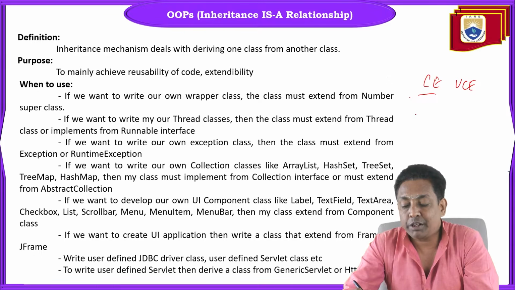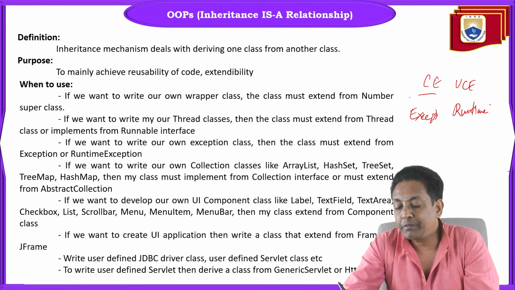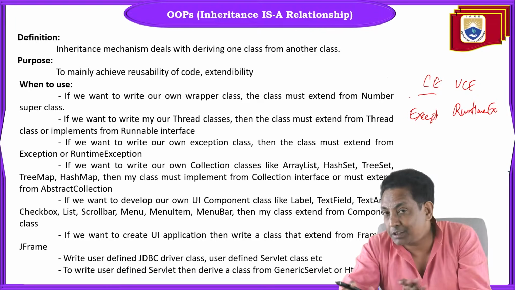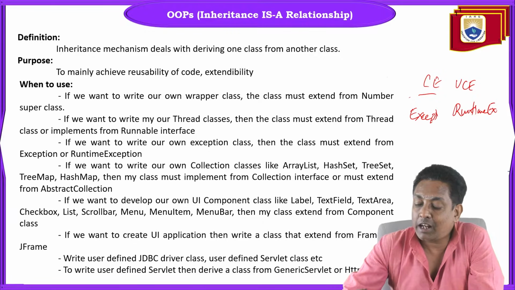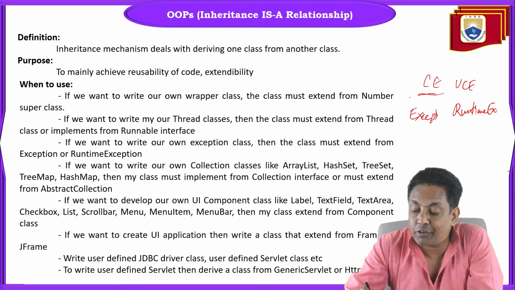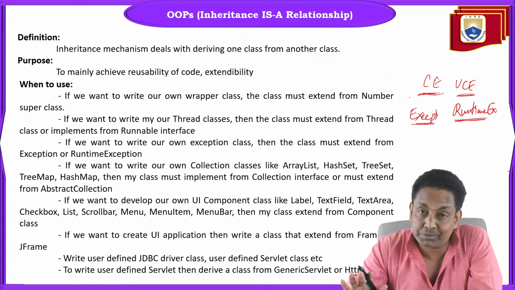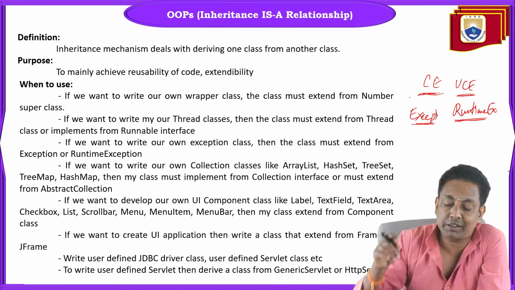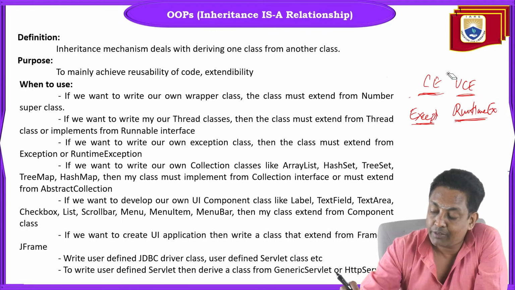For checked exceptions, we need to extend from the Exception class. For unchecked exceptions, we need to extend from the RuntimeException class. It is too early to discuss these exceptions and thread classes at this moment. But if we want to write our own exceptions, we may extend from Exception or RuntimeException. There also it will be inheritance; we will extend from already existing classes.